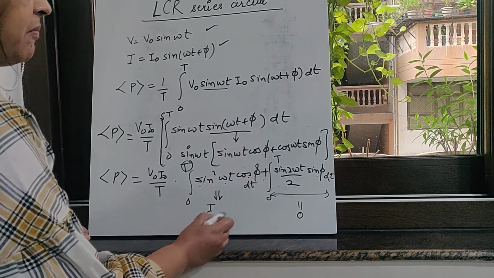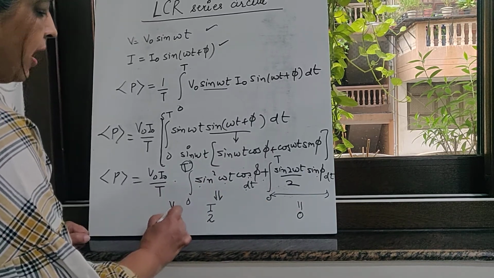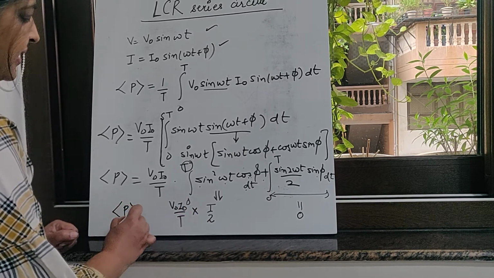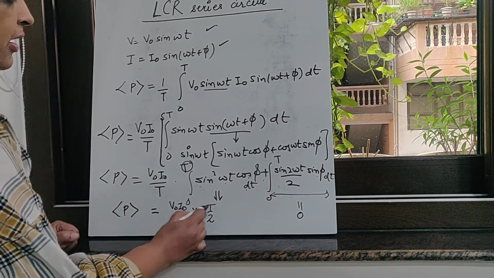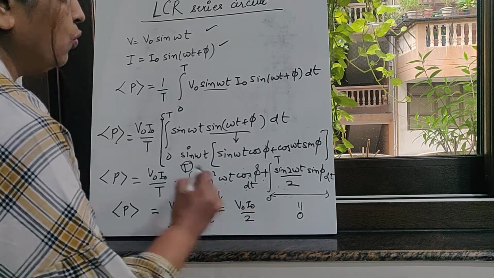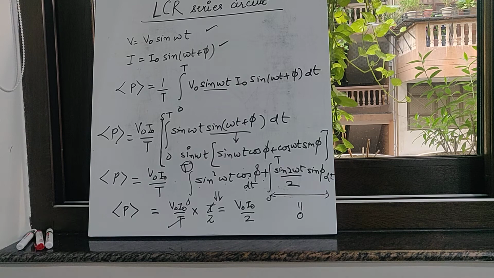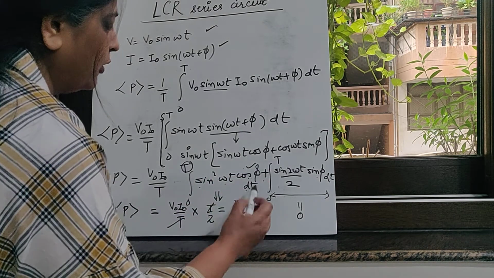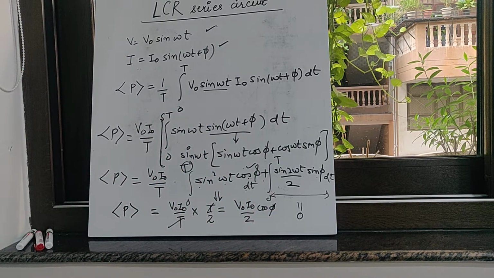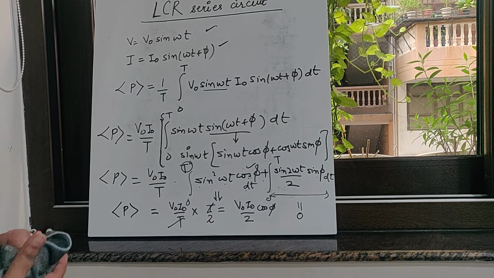So this will give me T by 2, this will give me 0. So I have V naught I naught by T into this much. Hence average power consumed is this much. Now T cancels with T, and I have V naught I naught by 2. So this is the average power consumed, and I have cos phi also. I had missed it out here. So cos phi is also one of the terms along with this.